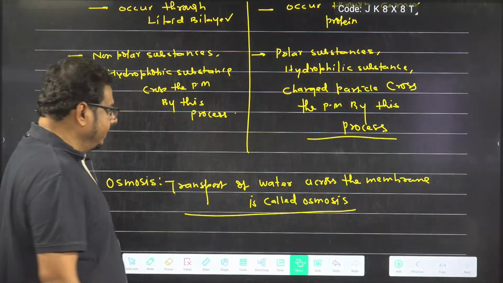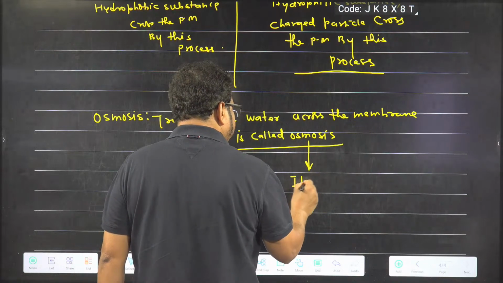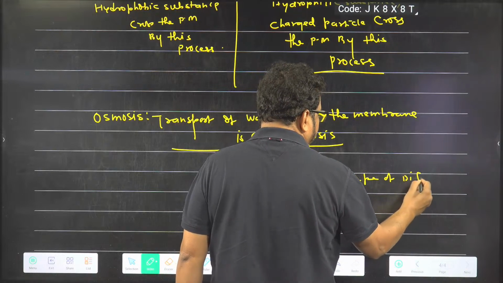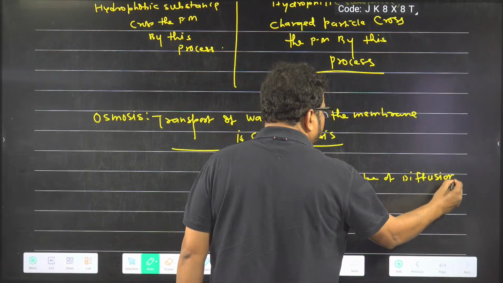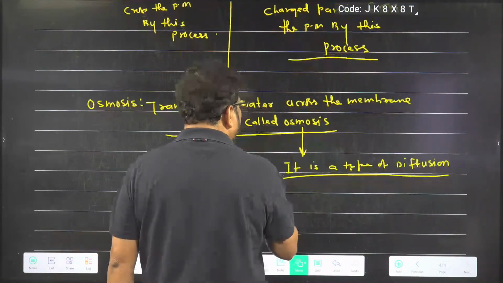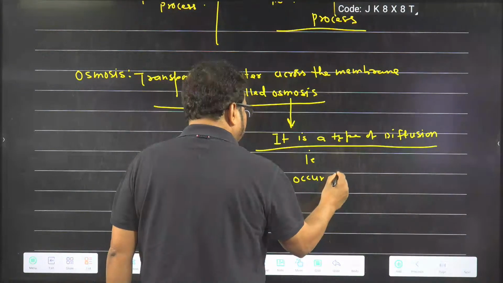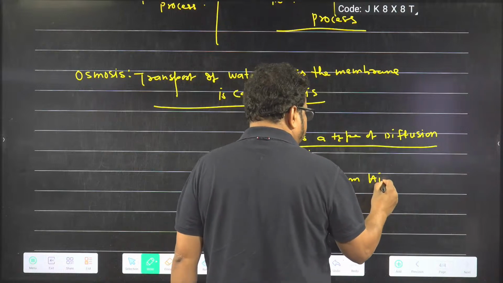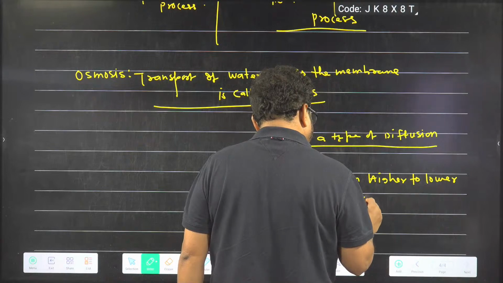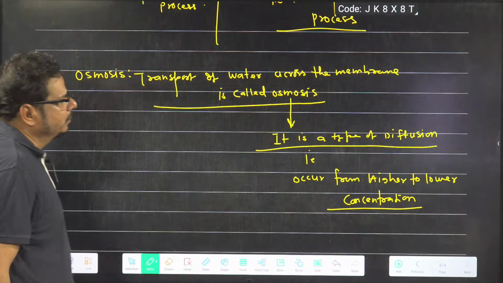And osmosis is also a type of diffusion. It means in osmosis also energy is not required. It occurs from higher to lower concentration. Diffusion means what? It also occurs from higher to lower concentration. Got the idea? It is called osmosis.